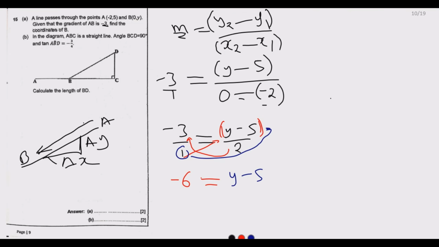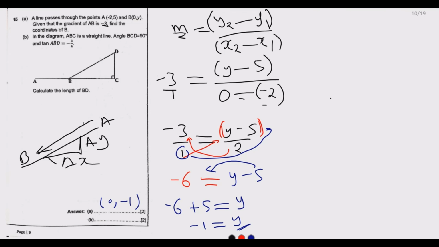Then we collect the like terms, so we have -6 plus 5, because when any number crosses the equal sign, it changes sign, equals y. So -6 plus 5 gives -1, which is equal to y. So the coordinates of B become (0, -1). That's the answer to part A of question 15.